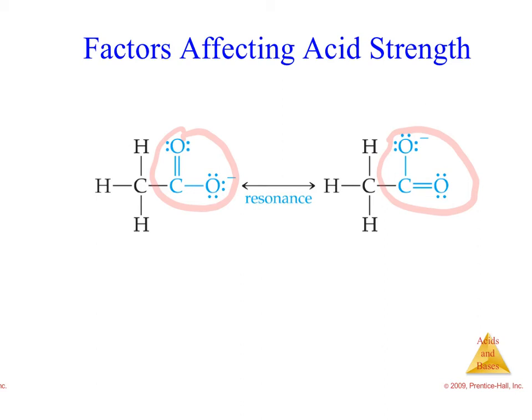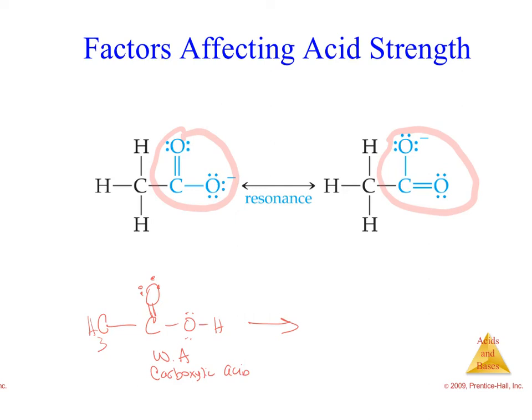So remember our carboxylic acids, you have something attached to a C double bond O, O, H. So for acetic acid, this would be a CH3. So the conjugate base, so this is the weak acid, which is a carboxylic acid.